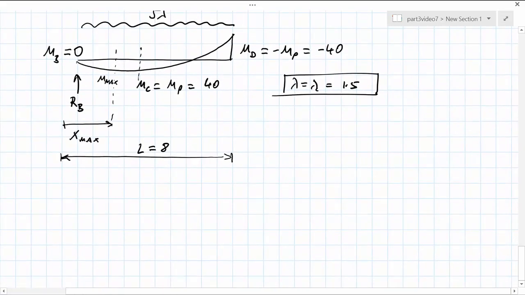With this information to hand, we can then substitute these values into the formulas given.